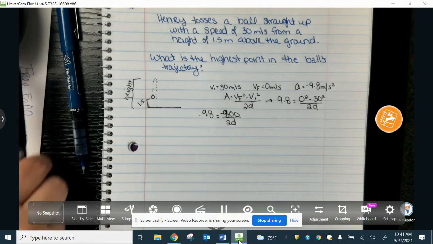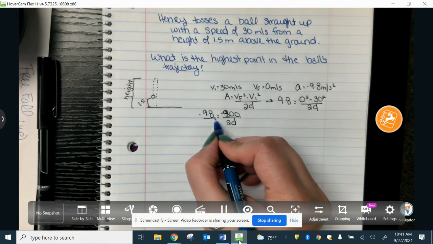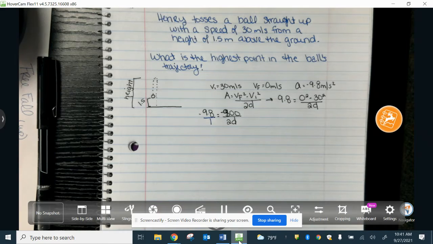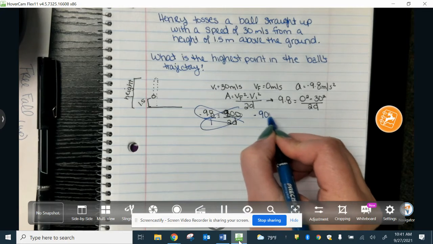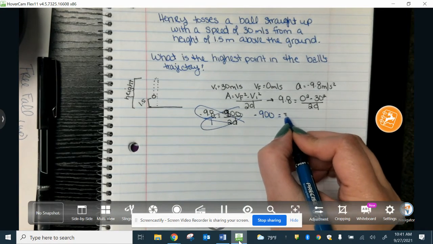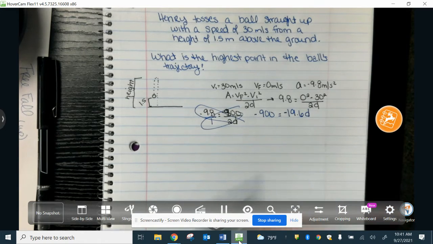First step I've got to do, I've got to get rid of those fractions. I hate fractions. I've hated them since 4th grade. So I'm going to cross multiply. Negative 9.8 times 2 should be negative 19.6, and I've got to carry that d with it. 900 divided by 19.6 is our next step, because we've got to get d by itself.